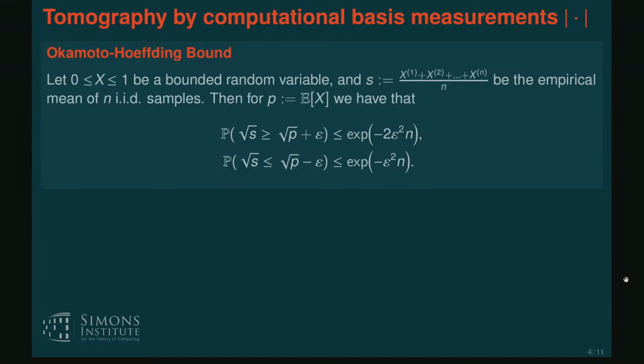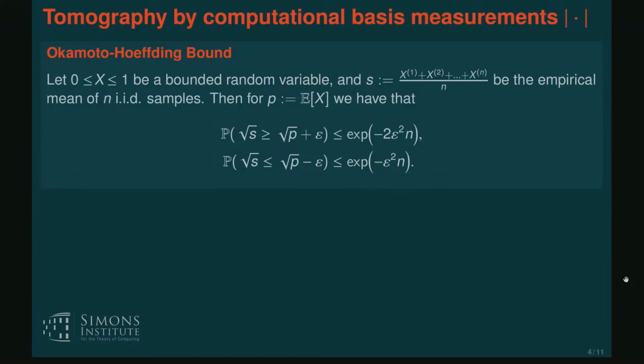And it's slightly stronger. It says that if you have a random variable bounded between 0 and 1, and you take n samples and take the empirical average, then it will approximate very well not only the probability p, that is the expected value of this random variable, but also the square root.